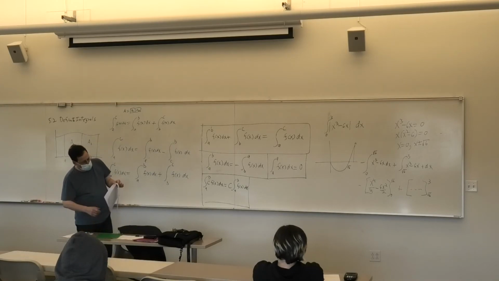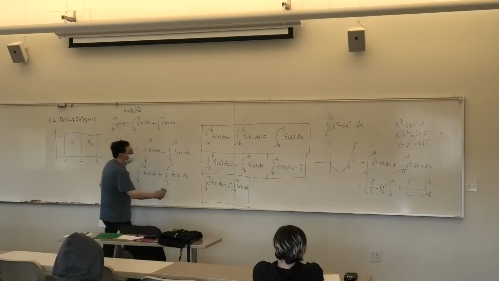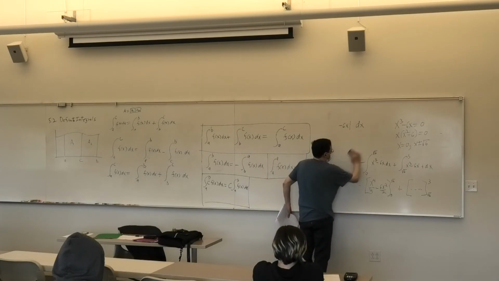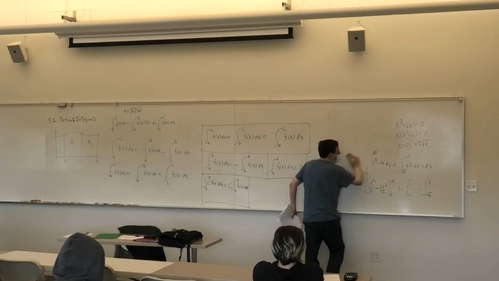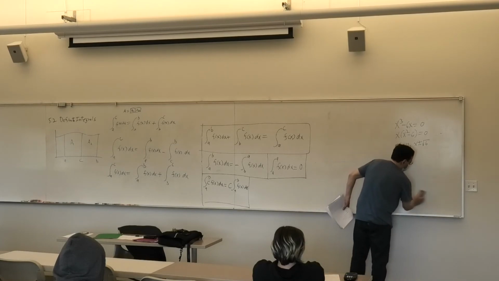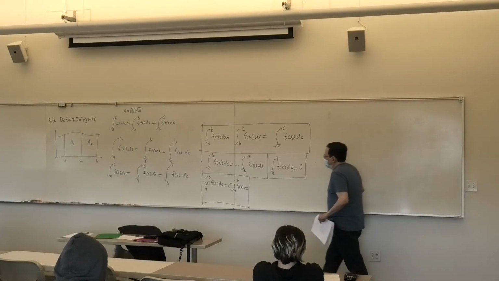These are the main rules we're going to use for dealing with breaking up an integral if we need to. There's a few more rules for integrals that we need to look at.